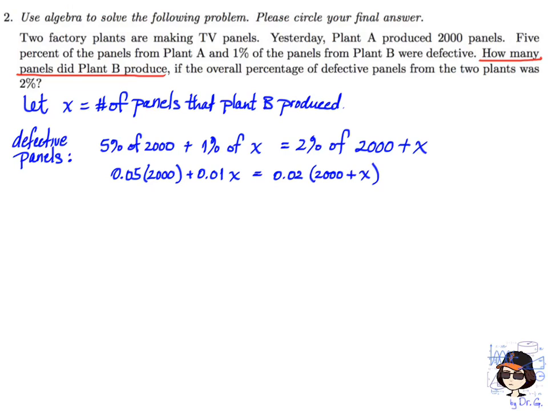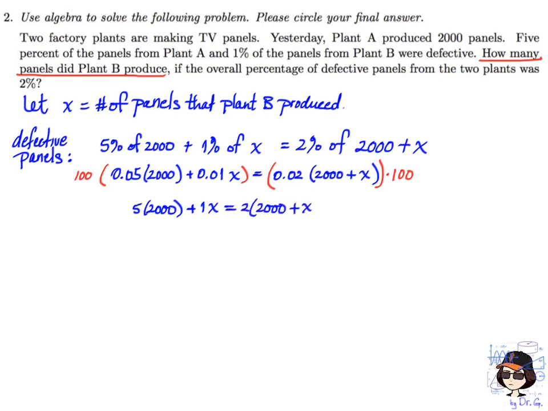So I'm going to multiply both sides of the equation by 100 to get rid of all my decimals. Okay? So remember, on the left, you've got to distribute, and that just means multiply each term by 100. So on the left, we get 0.05 times 100 is 5. 0.01 times 100 is 1.